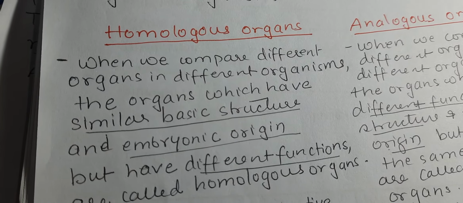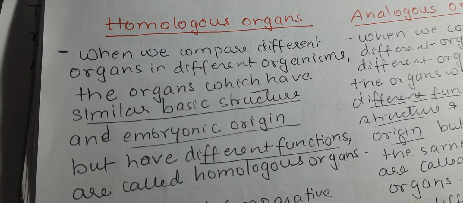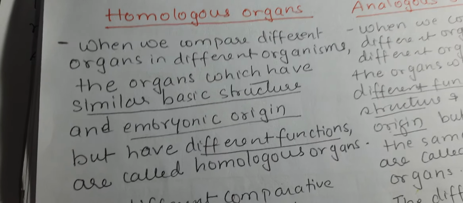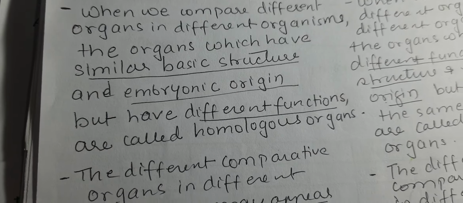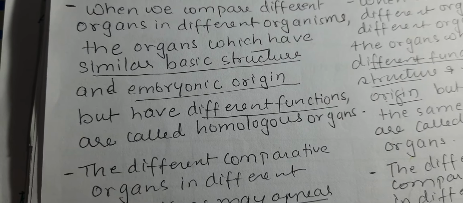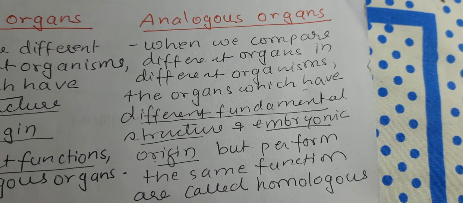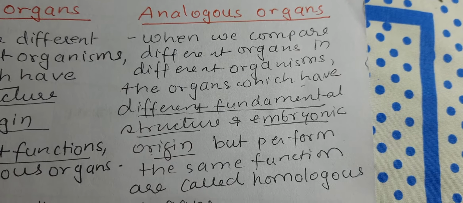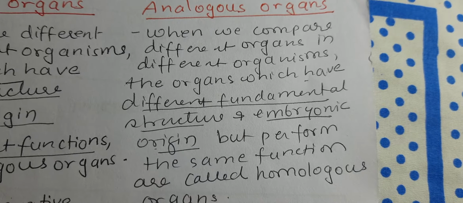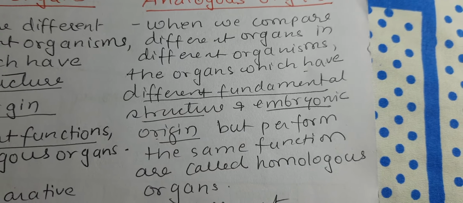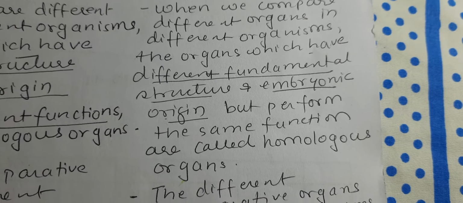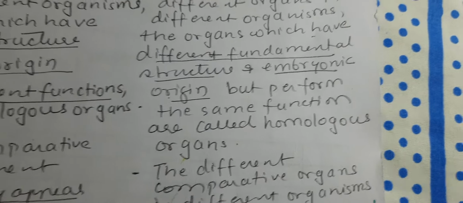When we compare different organs in different organisms, the organs which have similar basic structure and embryonic origin but have different functions are called homologous. Whereas the organs which have different fundamental structure and embryonic origin but perform the same function are called analogous organs.